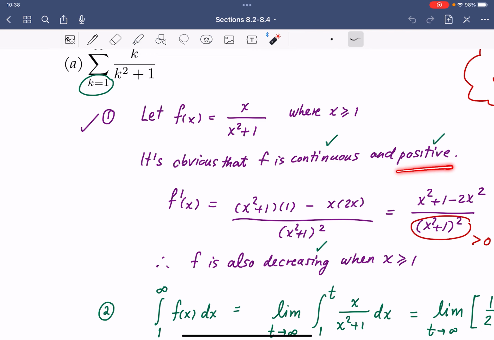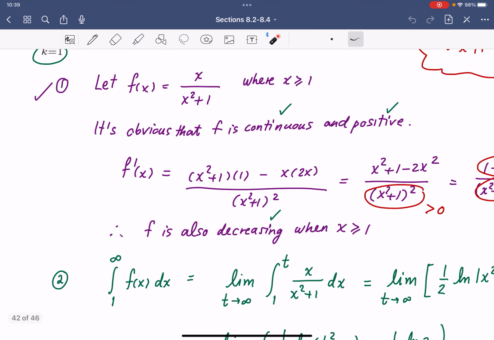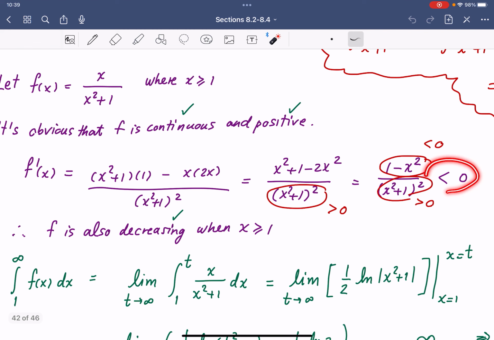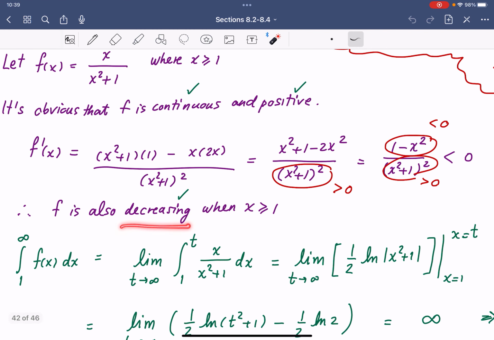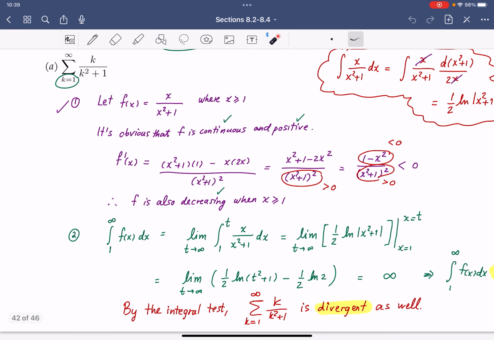It is always positive because everything is positive here. For decreasing, if I differentiate one time, the derivative is less than 0, which means the function is decreasing. So I checked all the conditions here. After that I integrate f(x) from 1 to infinity, and I get infinity, so it means that the series is divergent.